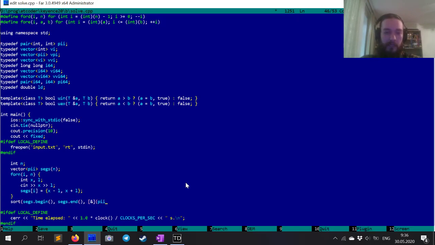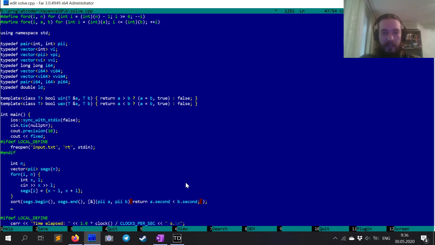So this is a lambda function that compares two pairs, and this one returns true if A should be put before B, and that happens if the right endpoint of the first one is to the left of the second one. So like that. I'm trying to avoid using my usual shortcuts so that it's clear.